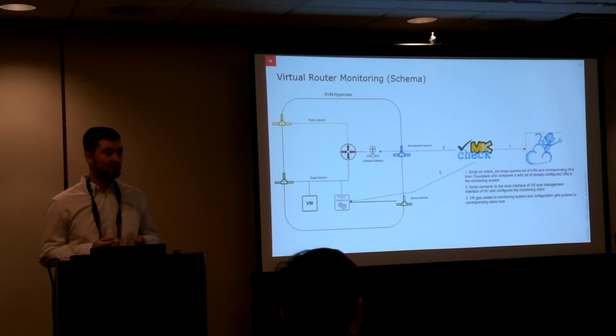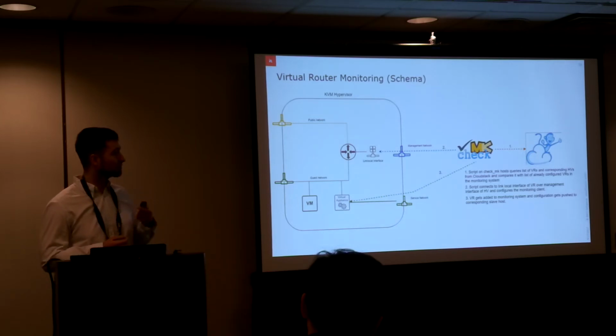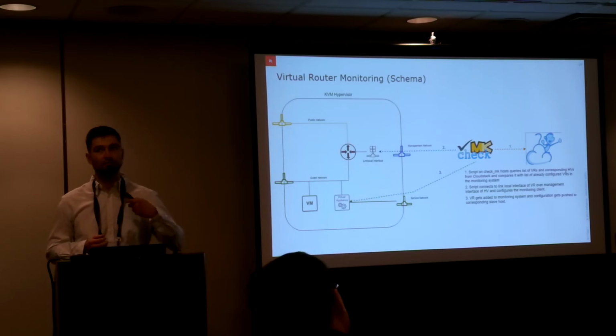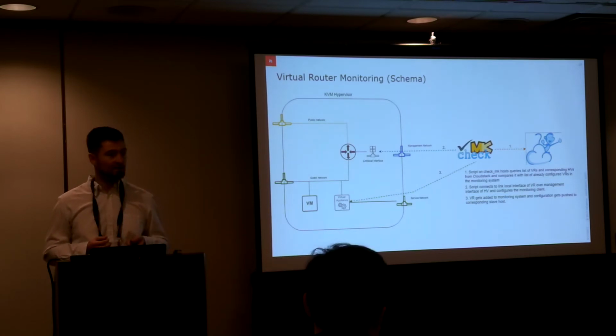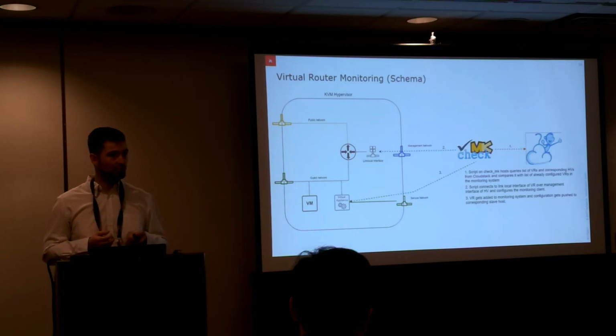On the right side you can see your CloudStack instance and also our CheckMK server. On the CheckMK server, a synchronization script periodically runs, which gets all the virtual routers from CloudStack and compares them with the virtual routers already configured in our monitoring system and identifies which routers are new.